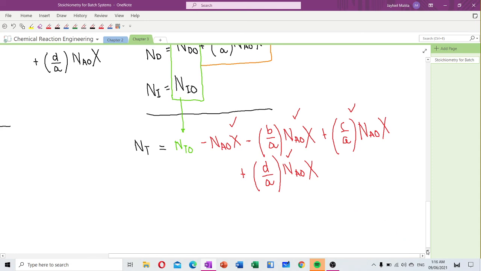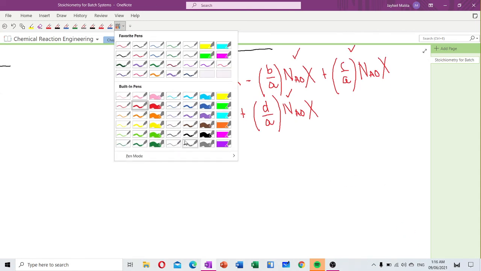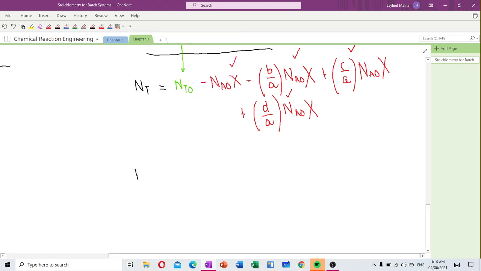And of course, to shorten our total number of moles equation, we can just extract these terms. So we have NT0, and then we can extract all of them.